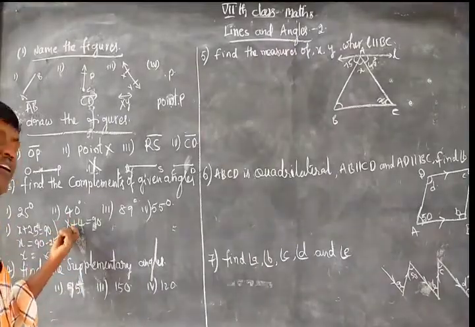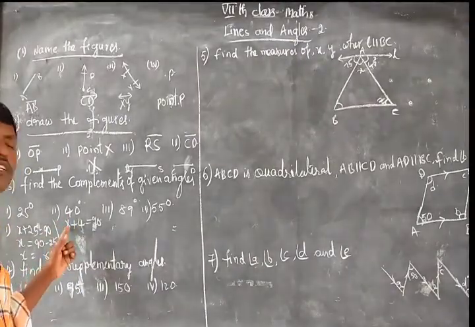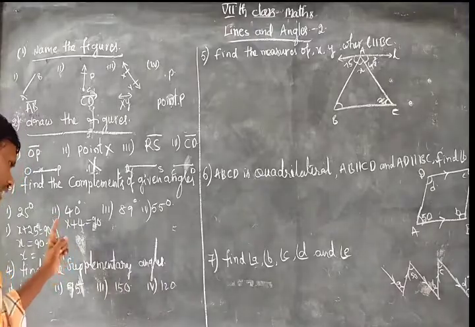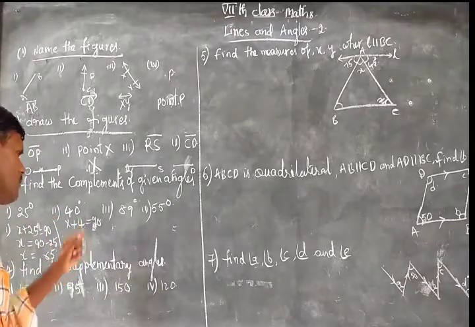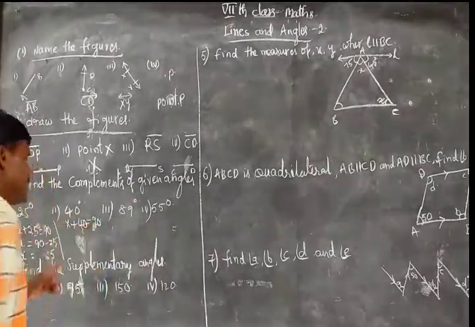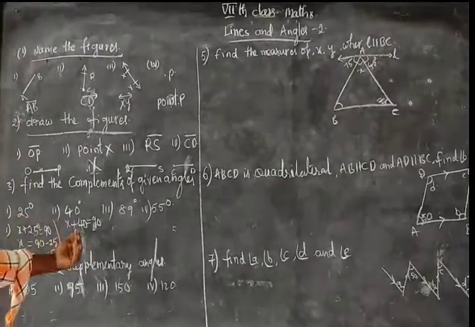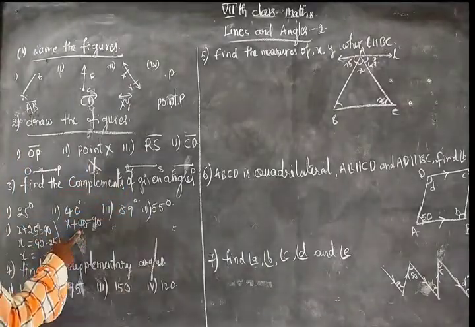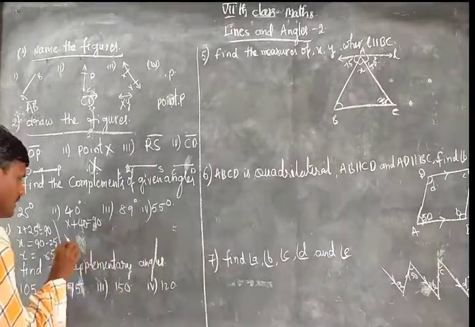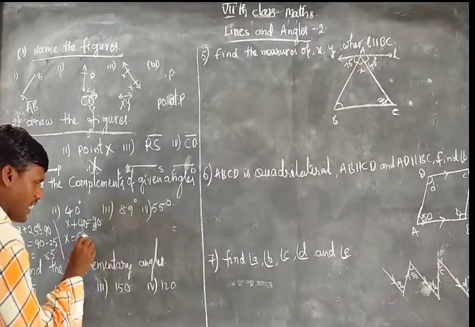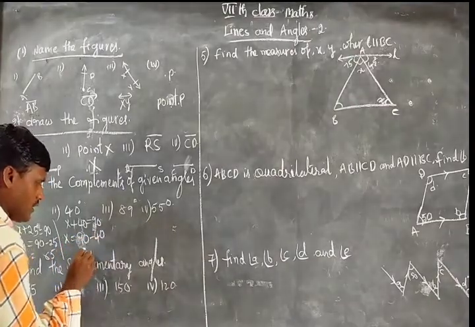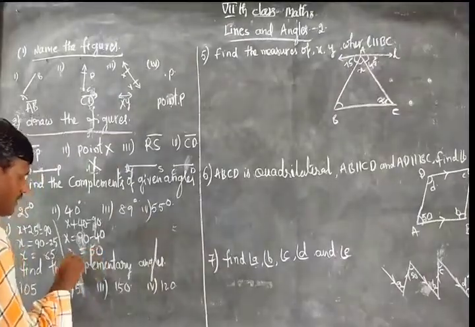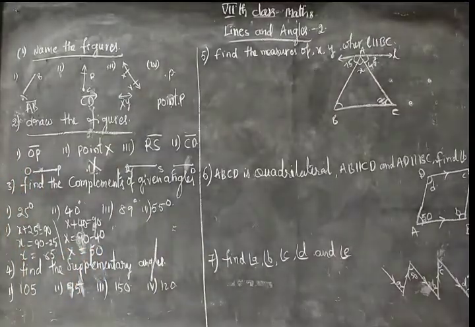We don't know the other angle, so we assumed it to be x. Transpose 40 to the right side and plus 40 becomes minus 40. Then x is equal to 90 minus 40, which is 50. We got x equal to 50.